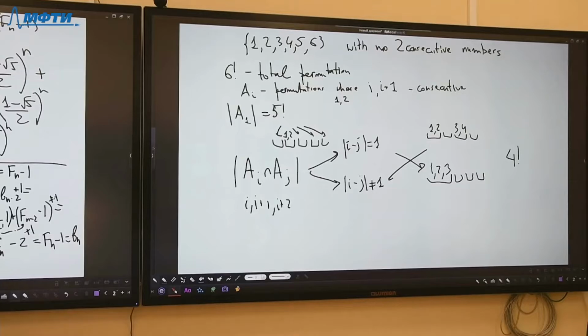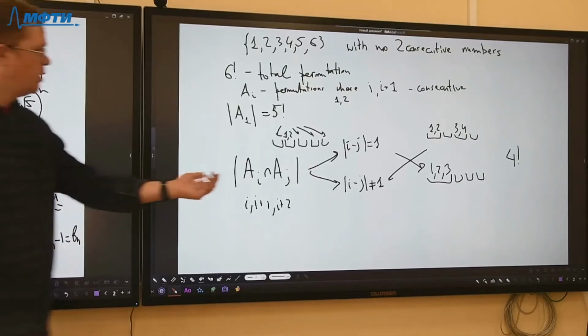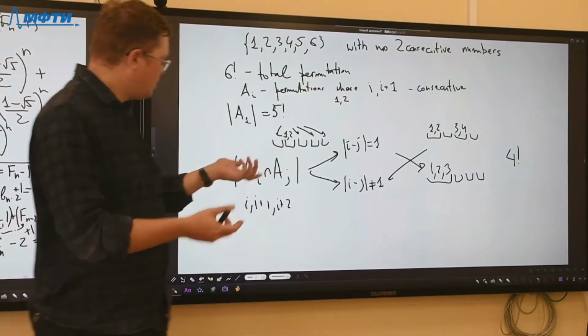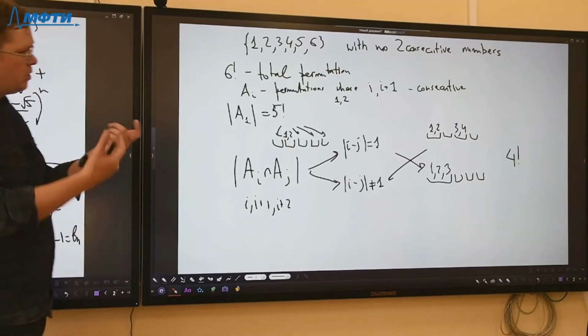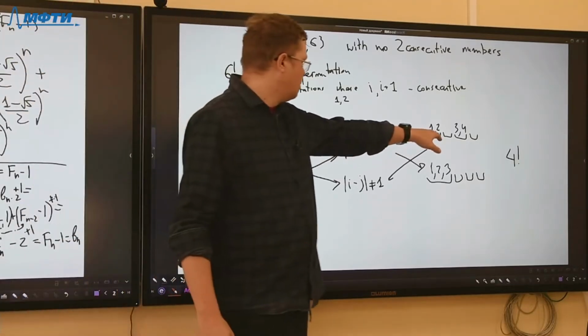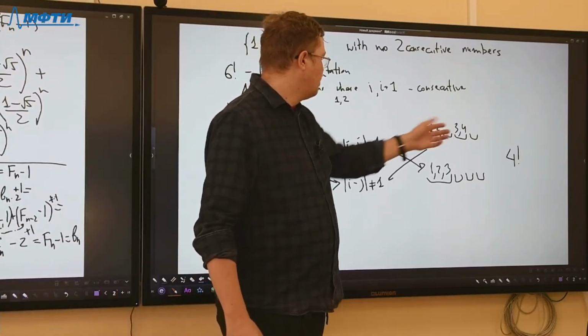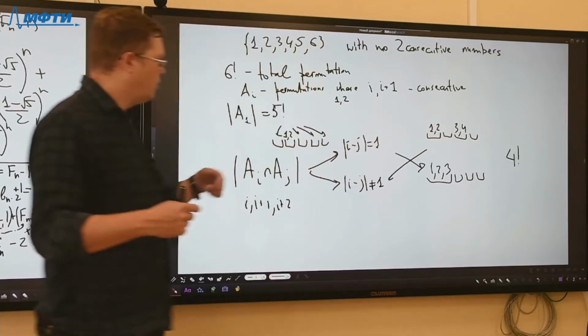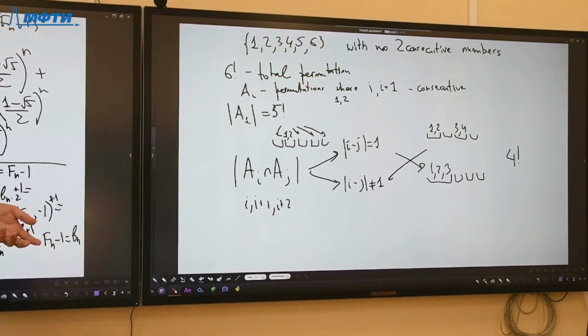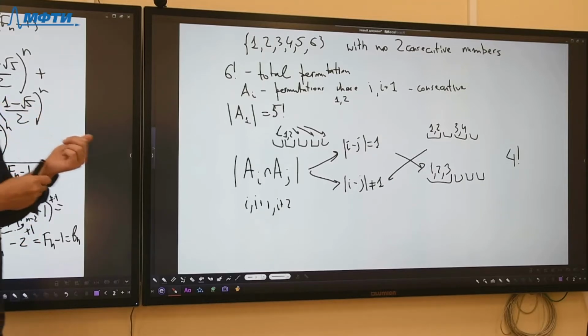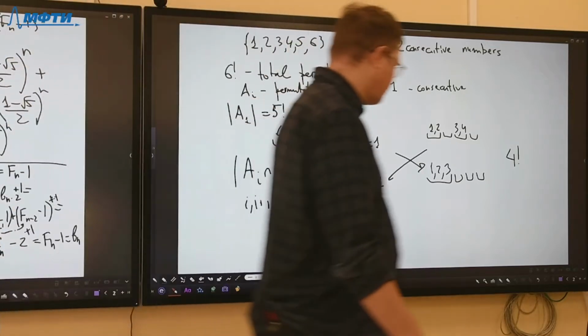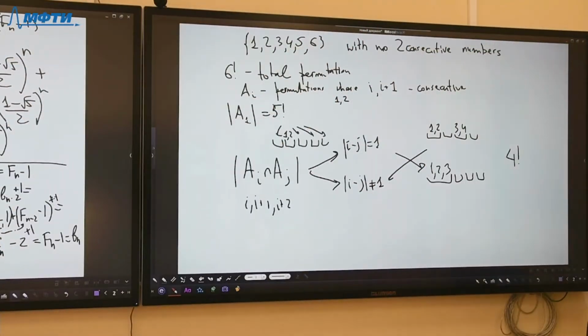I think the same holds for the triple intersection, because you just glue. Every time we have one number less, because we glue some numbers together, and so the numbers that are left will be 3 factorial, 2 factorial, 1 factorial.